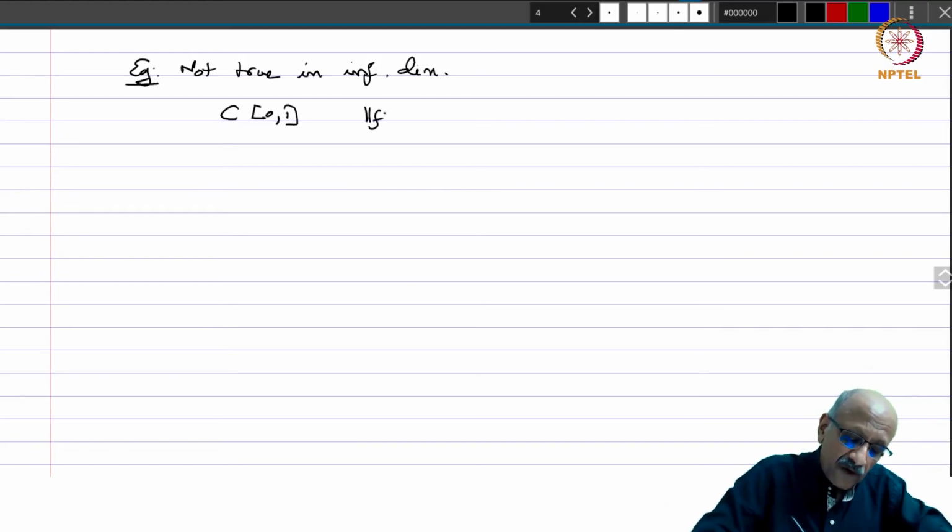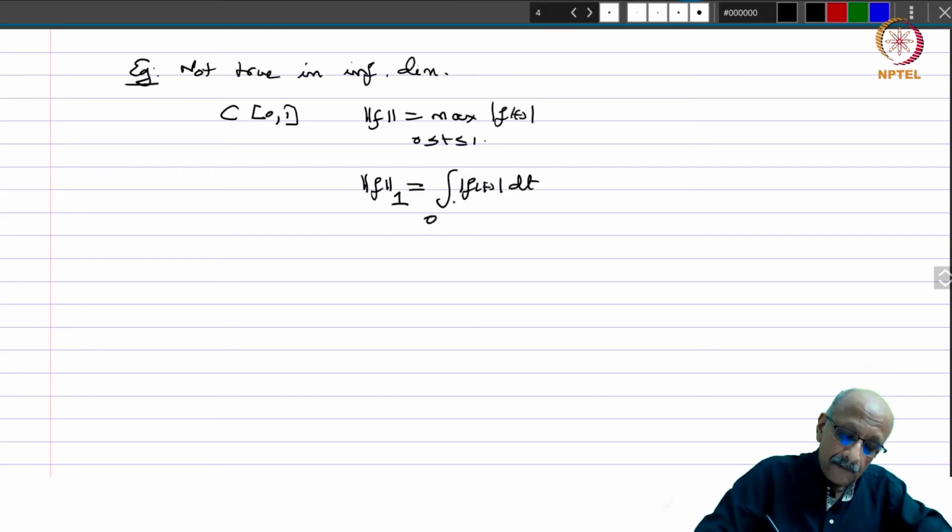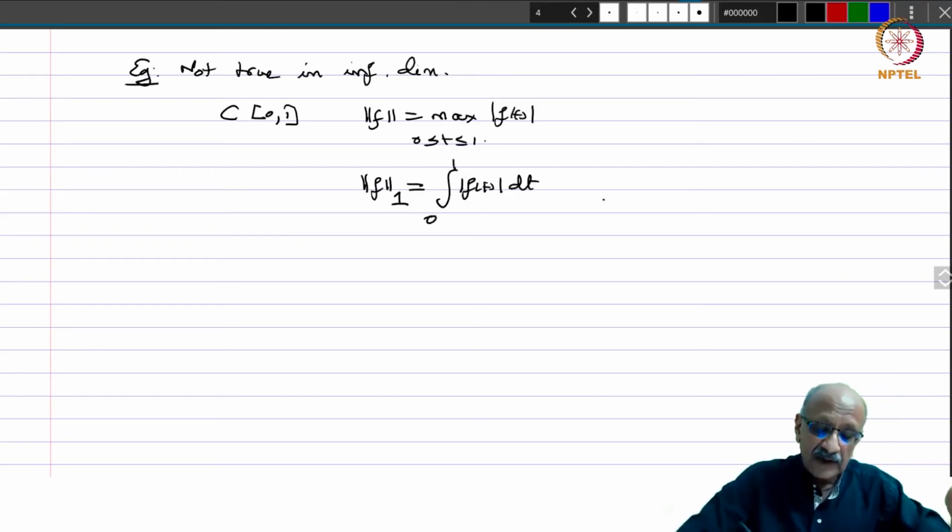So norm f is max of mod f(t), 0 less than equal to t less than equal to 1. Now I am going to define norm f1 here to be integral of mod f(t) dt. You can check that this is a norm. This is very easy to check. Triangle inequality is also trivial, and therefore this defines a nice normed linear space. Okay. I claim that these two are not equivalent.